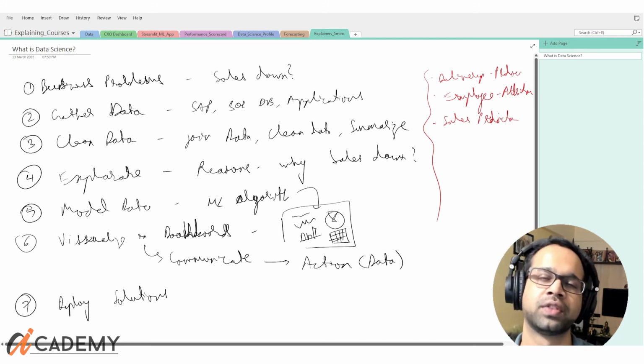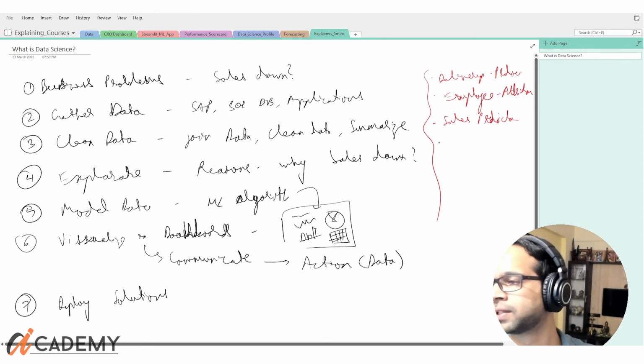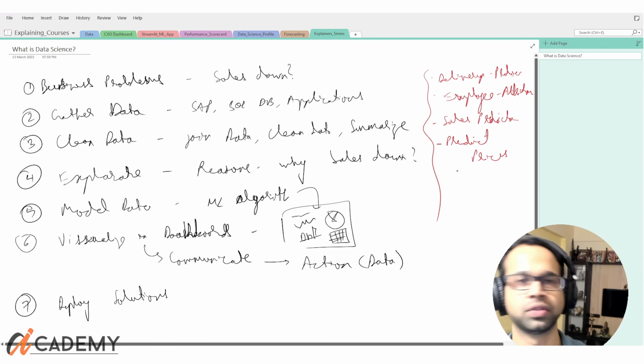Companies want to stay ahead of the curve and know how they are going to behave in the future so that they can take actions in the present that will impact the future and not let them down when that actually happens. Then you can also predict prices, maybe stock market, and do some forecasting.